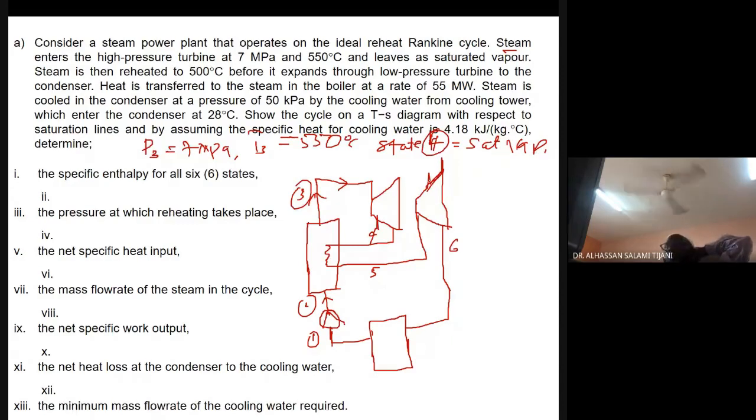And then the steam is then reheated to 500 degrees Celsius. So means T5 equals 500 degrees Celsius. Heat is transferred to the steam in the boiler at a rate of, so means here we have Q in equals 55 megawatt.